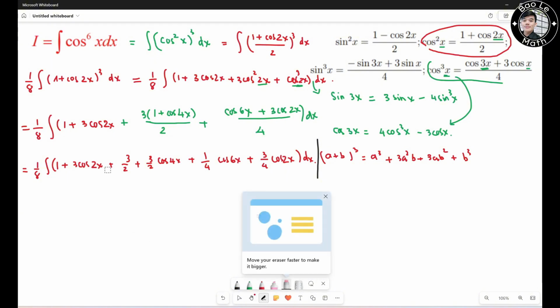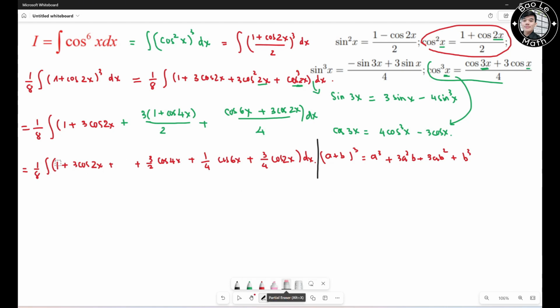Alright, so I'm going to combine 3½ right here and 1 right here. It turns out to be 5½, right?